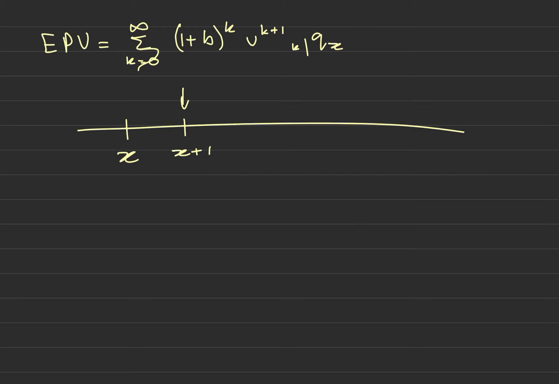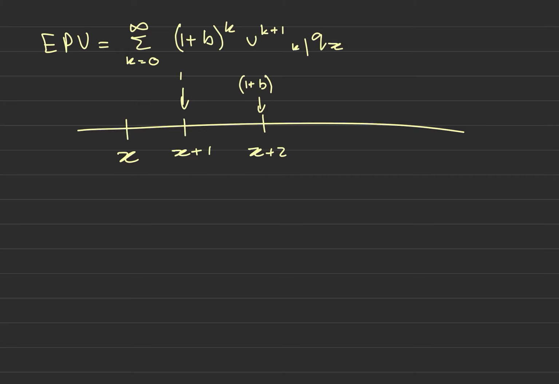Okay, now if k equals 1, then this person would be aged x plus 2. So if k equals 1, then 1 plus b to the k. So here they'll just receive 1. But here, if they die between ages x plus 1 and x plus 2, then this index is 1. So I have a payment now of size 1 plus b.